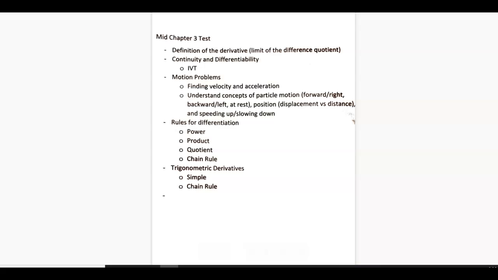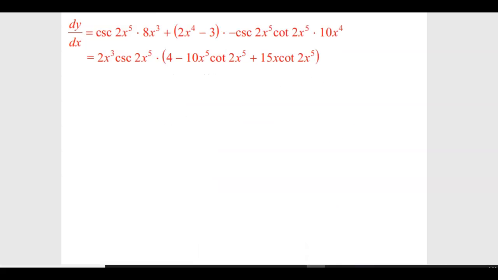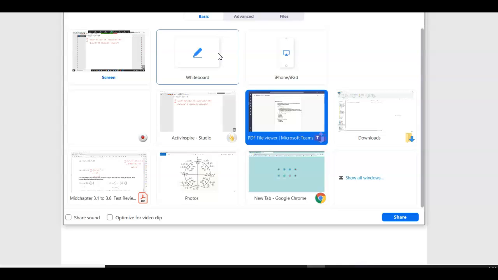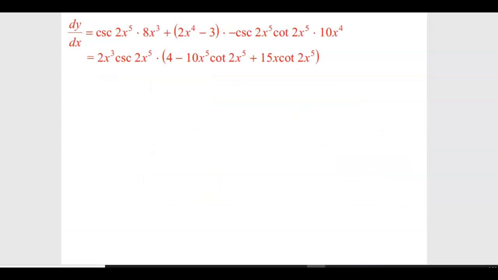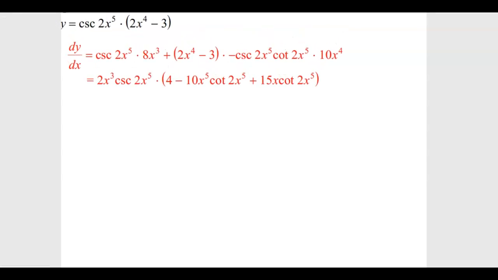Okay, going back to that first question that we had from the review packet. So we were discussing how to find and simplify this derivative. So again, this is a product rule.